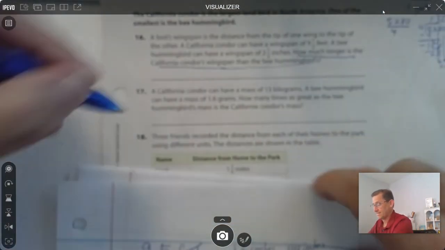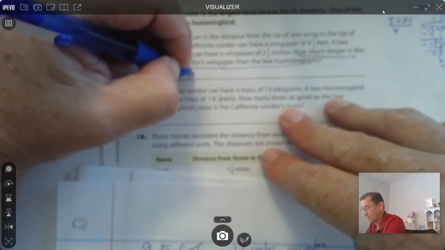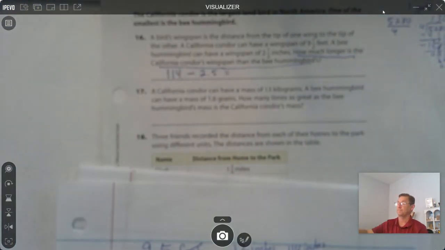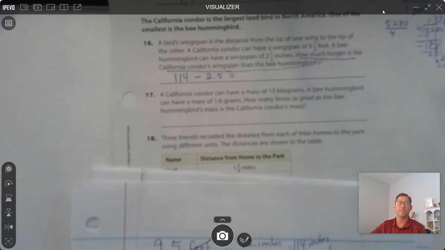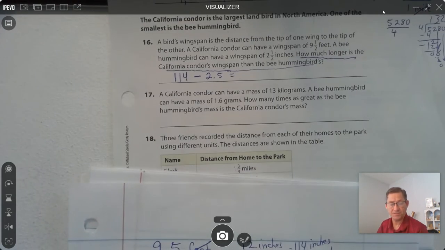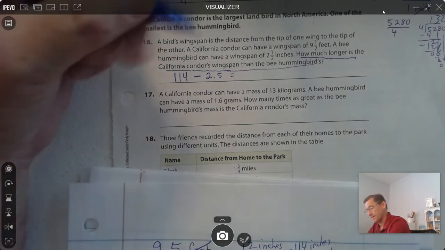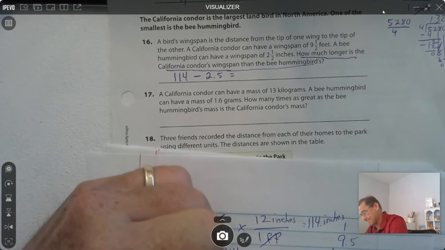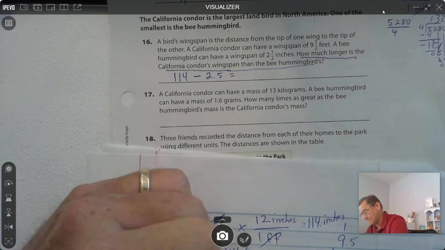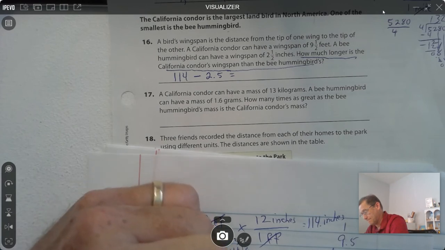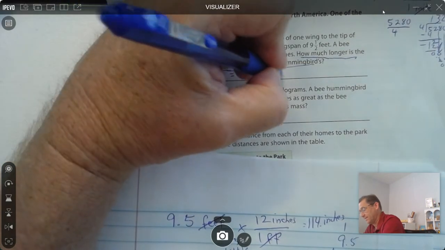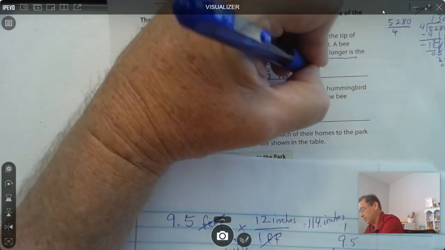So 114 minus 2.5 is 111.5 inches longer.